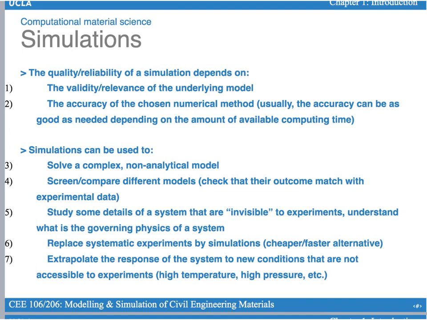Once a simulation and the corresponding model have been shown to agree fairly well with experimental observation, then you can use it for various things. First, you can use it to solve models that are not analytical, in a way that without the simulation you would never have been able to analyze what would be the outcome of such a complex model.